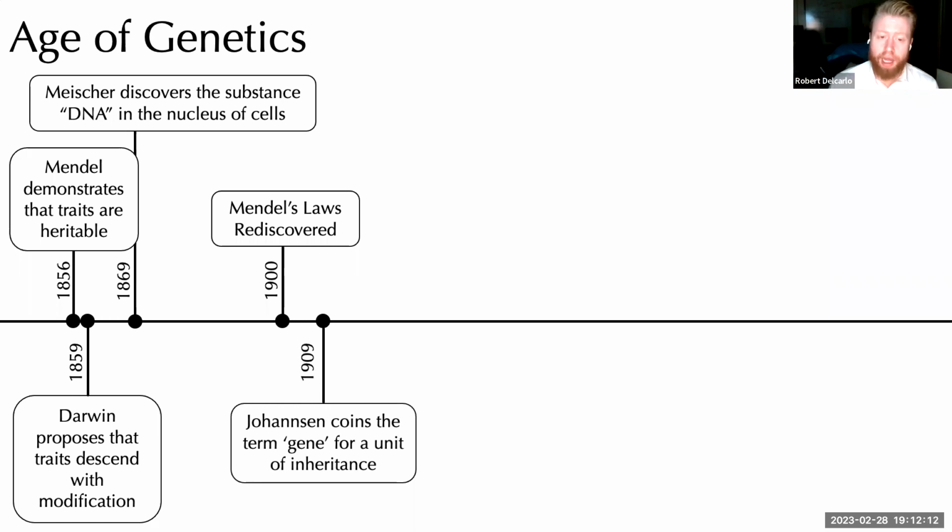So in 1909, we got the word gene from Johannsen. Originally, it was pangene and then just shortened to gene. And that is for a unit of inheritance. That's the idea that there's something written somewhere. At the time, we didn't know in what molecular structure, but there was some molecular encoding that was related to a macroscopic phenotype.